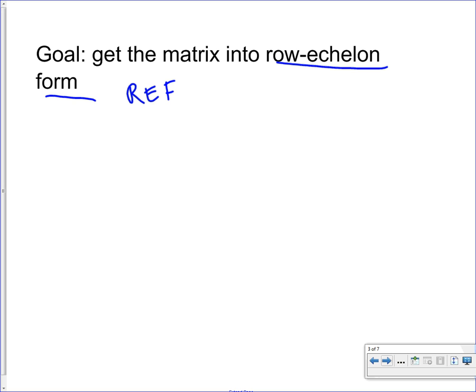So row echelon form says, okay, I have this augmented matrix, and I want the number 1 to be along the main diagonal. Everything below the 1 is going to be the number 0. And there can be any number in the other position. So I'm going to use an asterisk to represent any number. So this is called row echelon form.